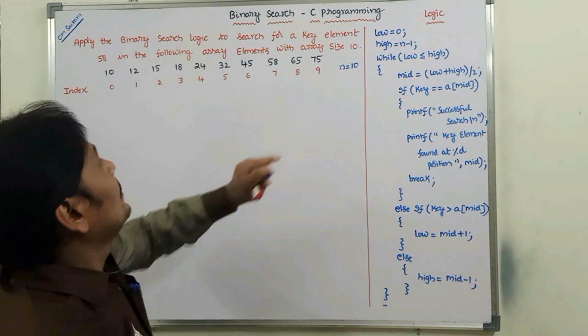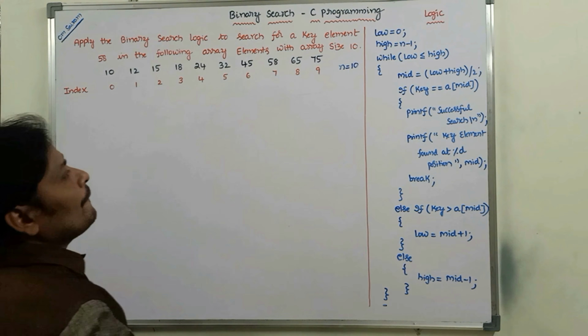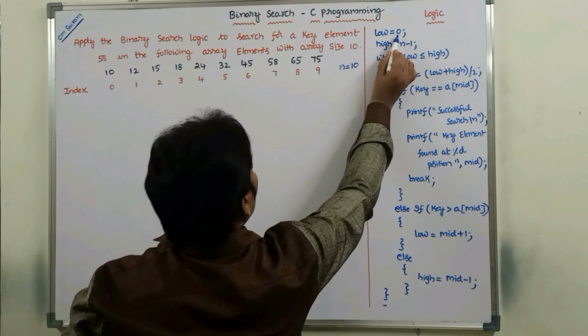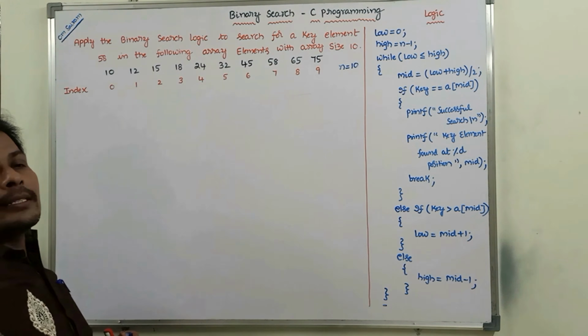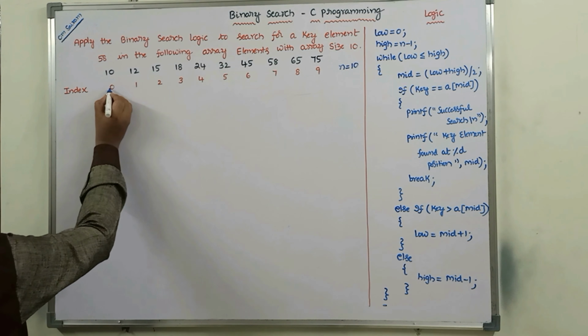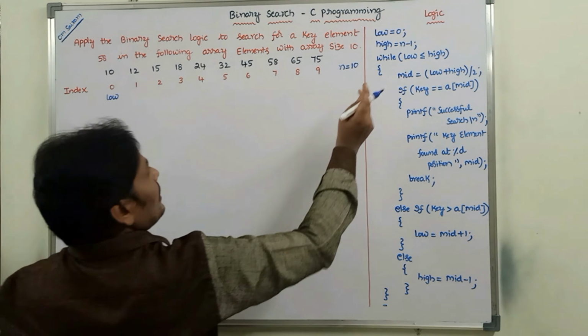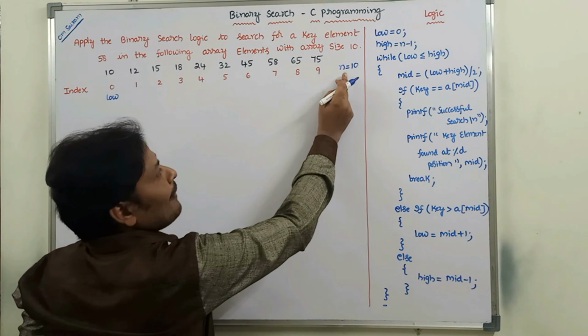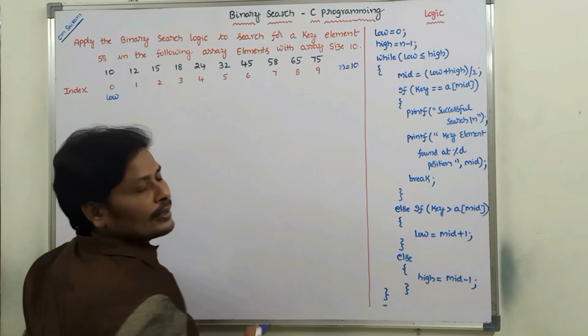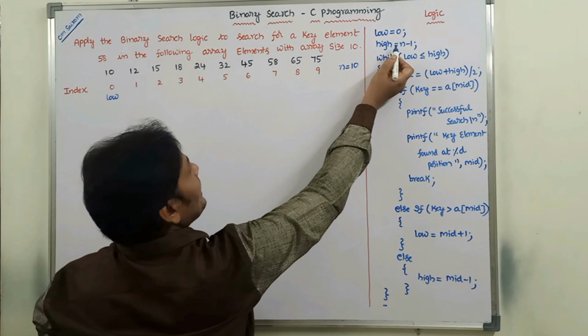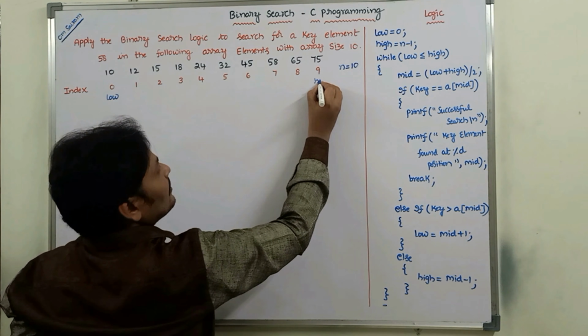Next, index 0 can be taken as the low value, and index n minus 1, that is 10 minus 1, which is 9, can be taken as high.